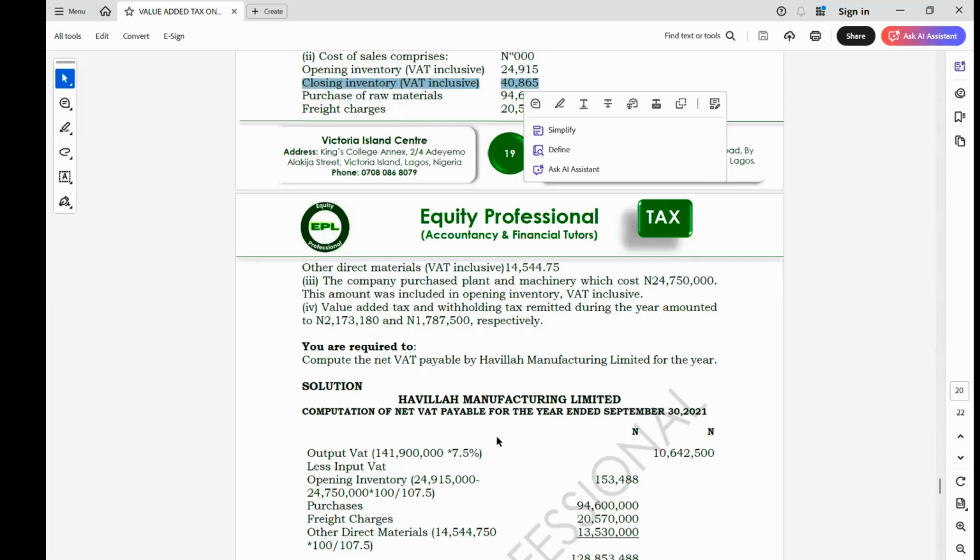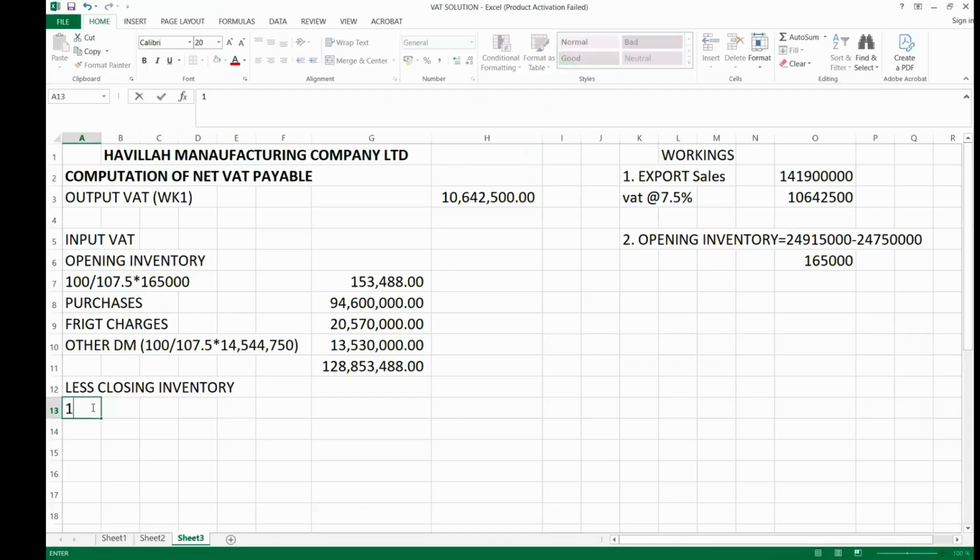So we less closing inventory: 100 divided by 107.5 multiplied by the value given to us, which is 4,865,000.